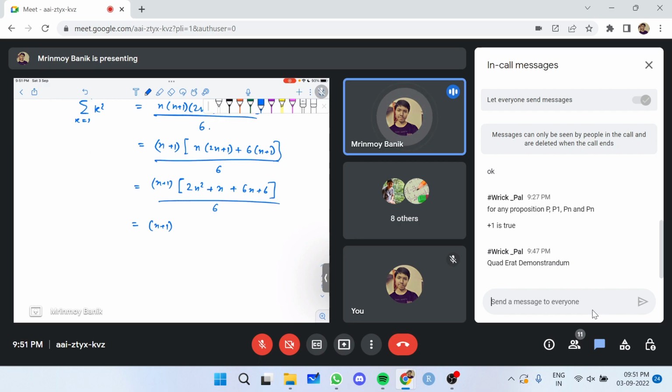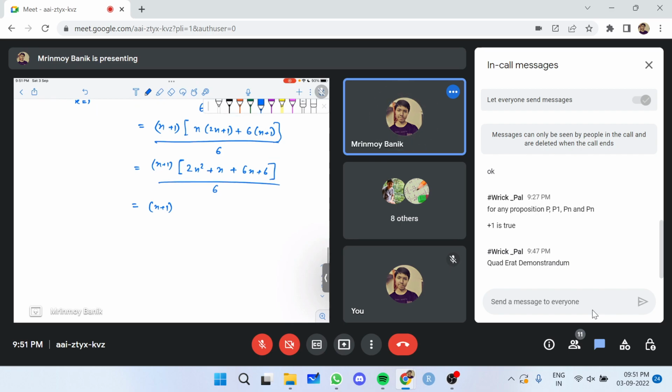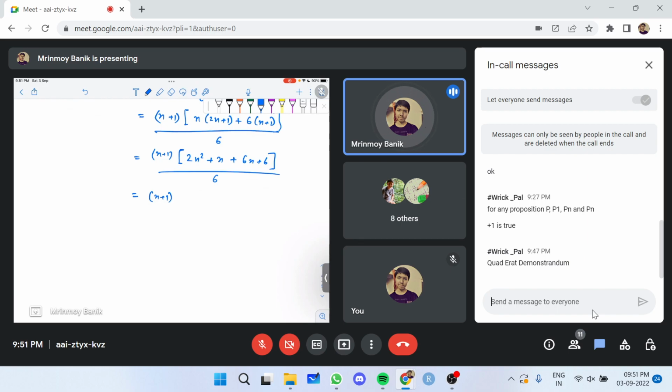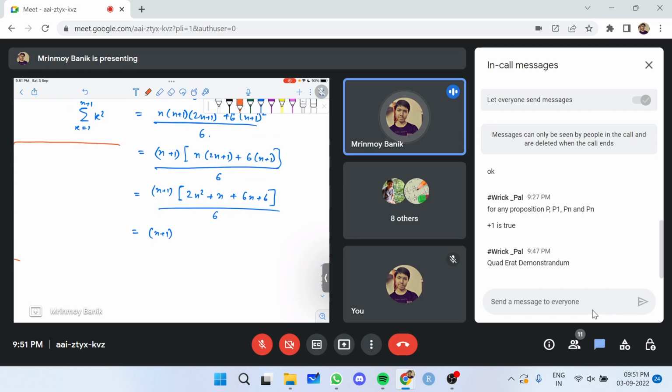Now we need an n plus 2 term, right? Basically, what you can do is take a rough sheet down, and then, so this is my rough sheet.